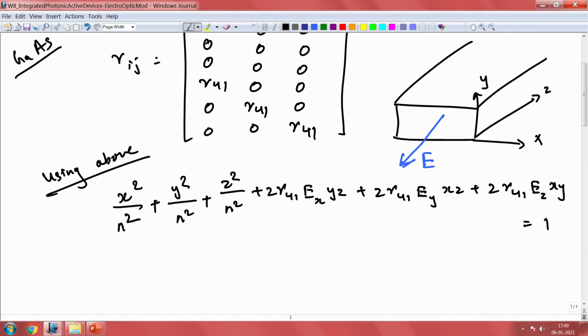So, this is our index ellipsoid for gallium arsenide material.